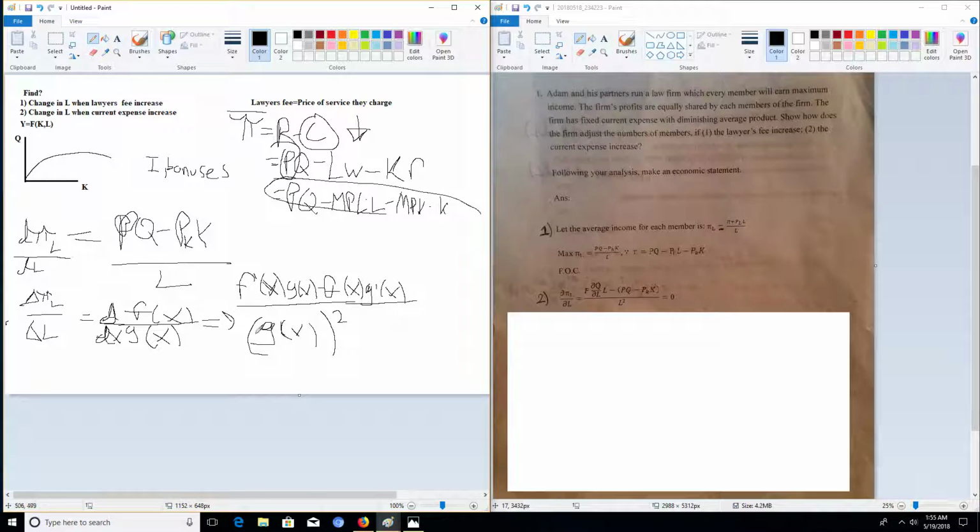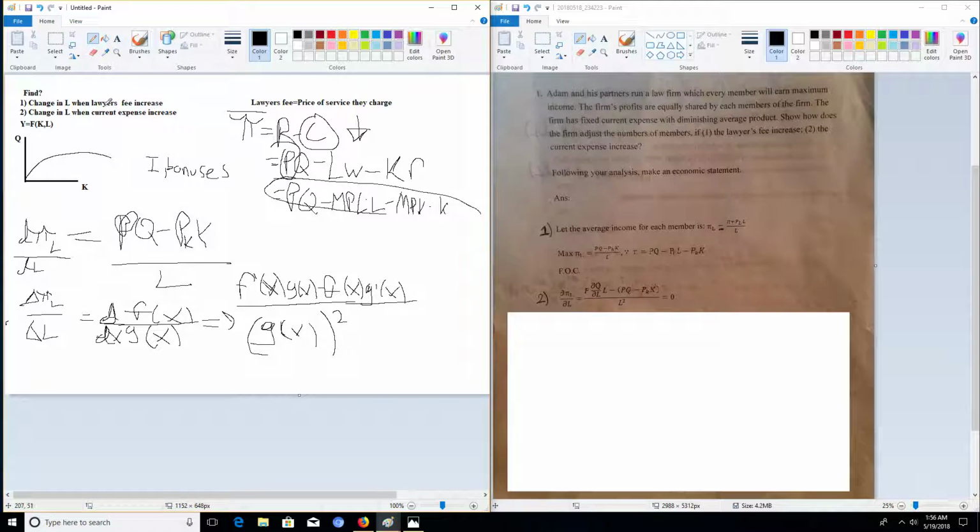Sorry for the sloppiness. This is the quotient rule. You square the denominator, and then the derivative of this function times this, minus this times the derivative of that.